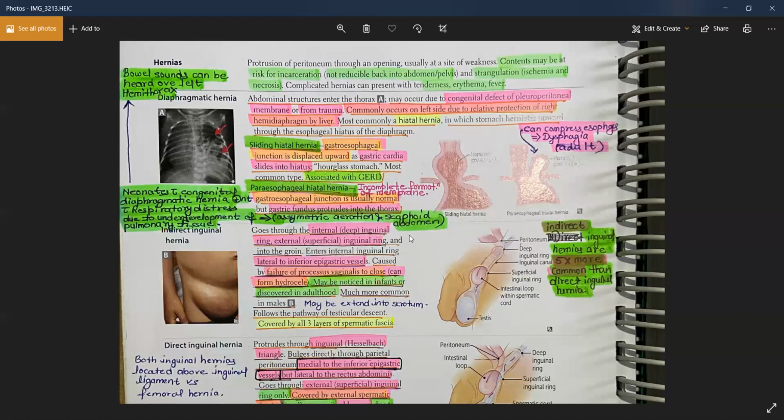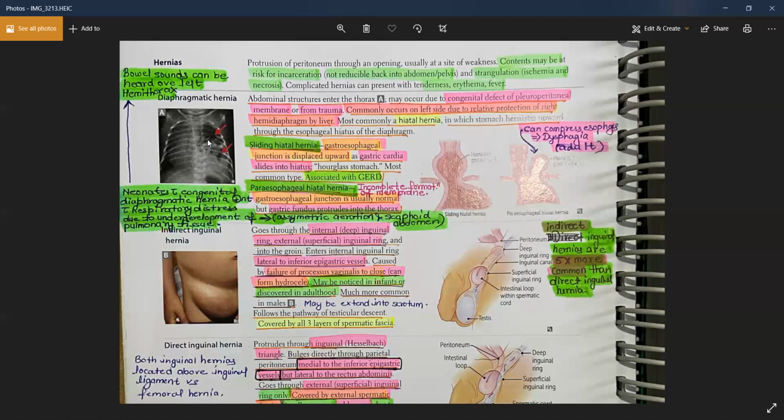And this scaphoid abdomen can also be seen along with the diaphragmatic hernia in the child, the congenital diaphragmatic hernia, the paraesophageal hernia. So these neonates will present with respiratory distress, asymmetric aeration, scaphoid abdomen. When you do the X-ray, you can even see bubbles of air inside the thorax. So this will be a sign of this herniation.